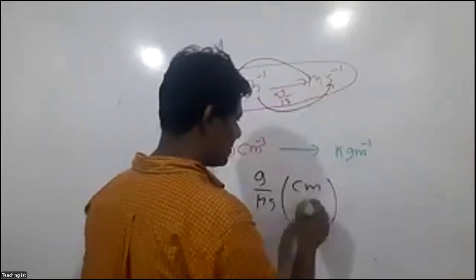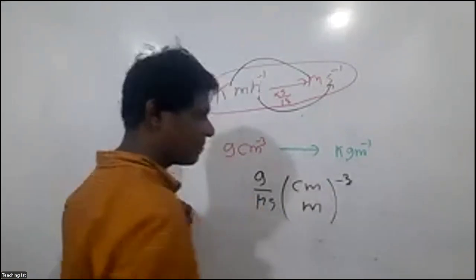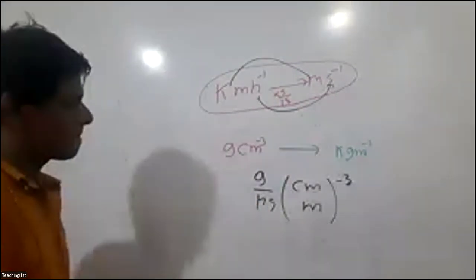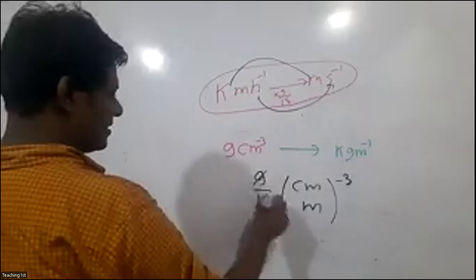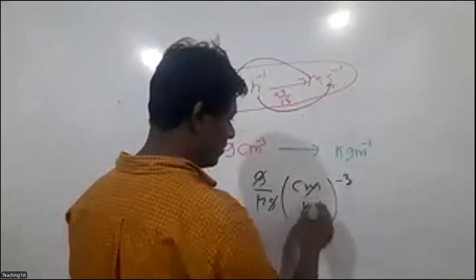cm, m and minus 3. Still put the minus 3 outside for sure. g and g cancel off. m and m cancel off.